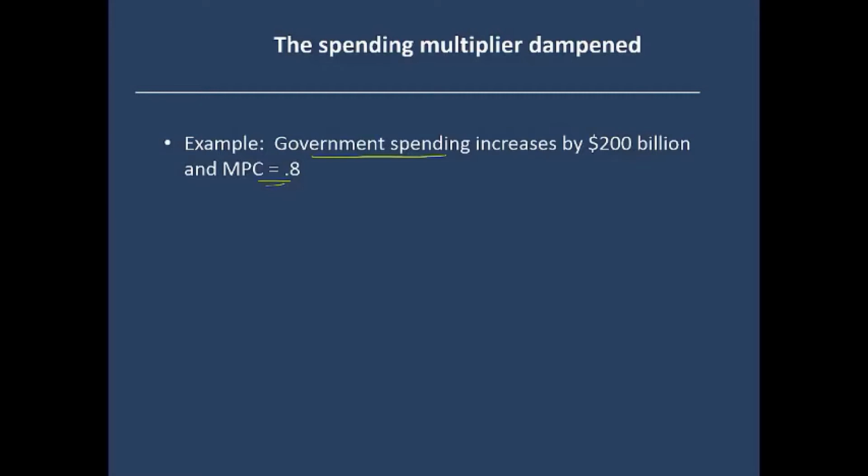Okay, so we know that what the spending multiplier tells us is that $200 billion is actually going to be multiplied to find its total impact on total spending. So we know the change in total spending is going to be 1 over 1 minus the marginal propensity to consume.